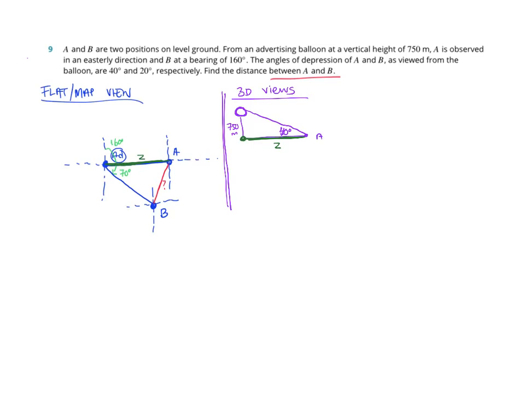There you go, Z. Okay, and if we look at the other 3D scenario they gave us, so they gave us the little ad balloon, and they said B was from it, and they said the angle of elevation from B was 20 degrees. So this is still 750 meters above.